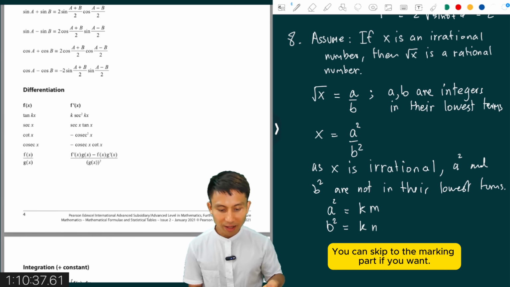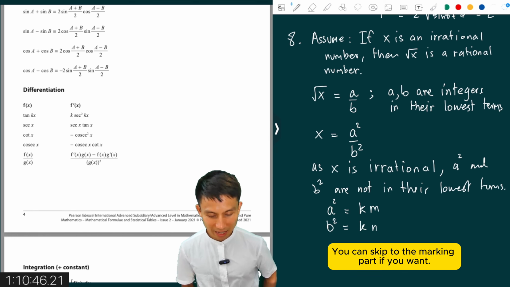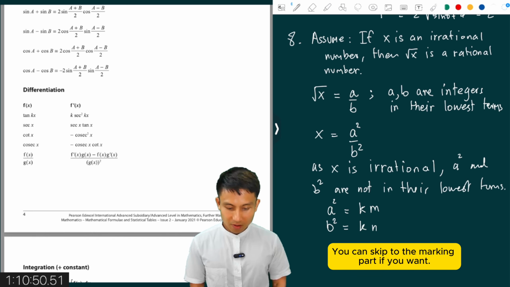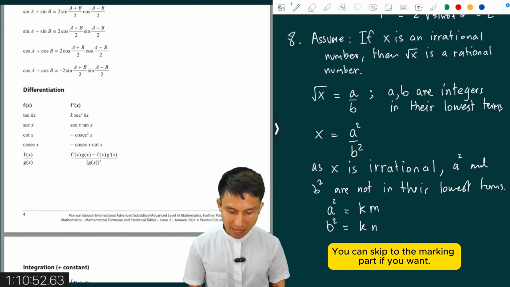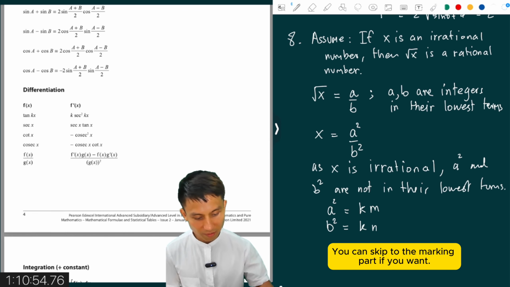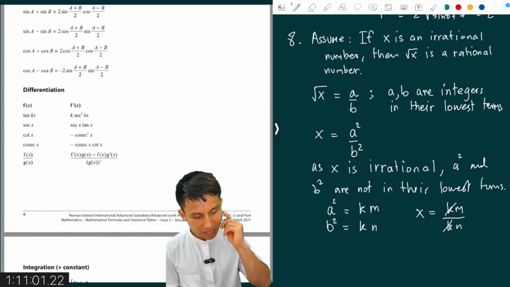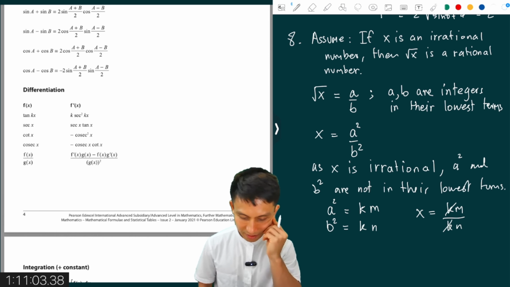Because when you now divide a squared over b squared, you can simplify using k. So the common factor between a squared and b squared is k, right? So that means if we put everything back into the x here, x equals m over n.